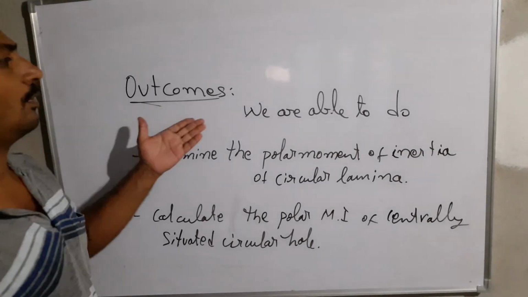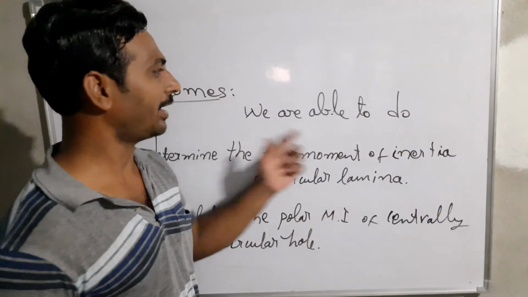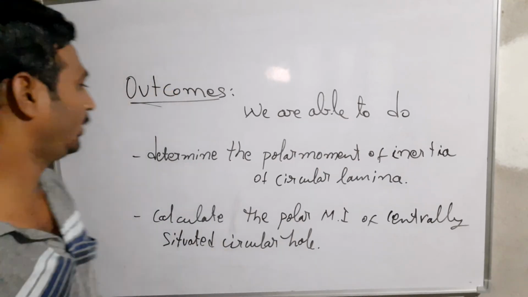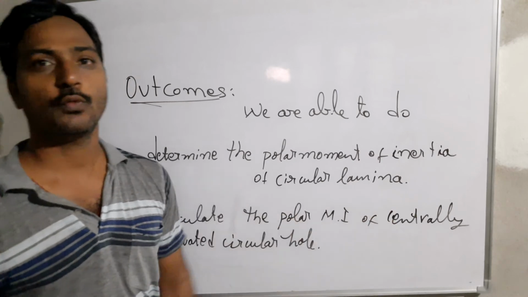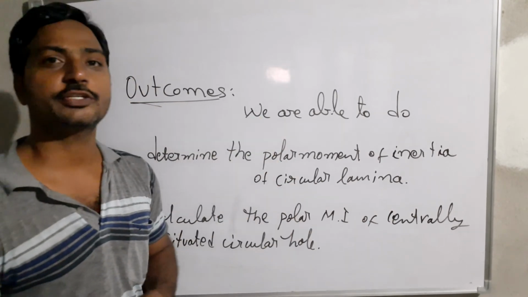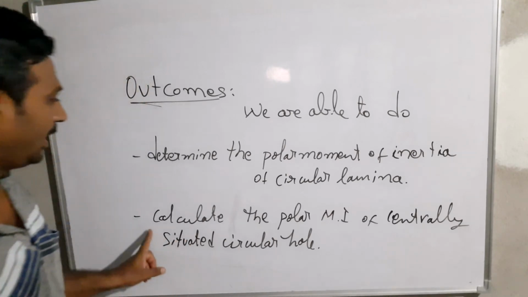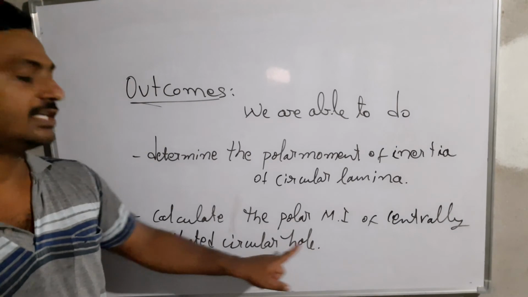So the outcome, what we learn from this lecture: we are able to determine the polar moment of inertia of a circular lamina. That means the polar moment of inertia as well as the moment of inertia we can calculate. Then we calculate the polar moment of inertia of a centrally situated circular hole.